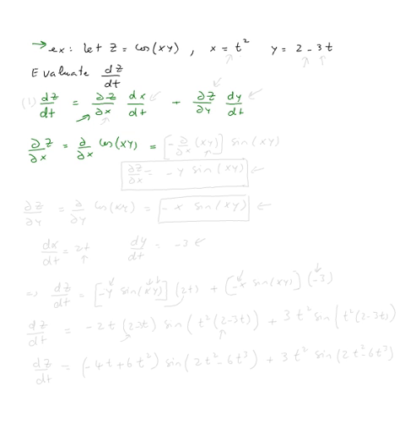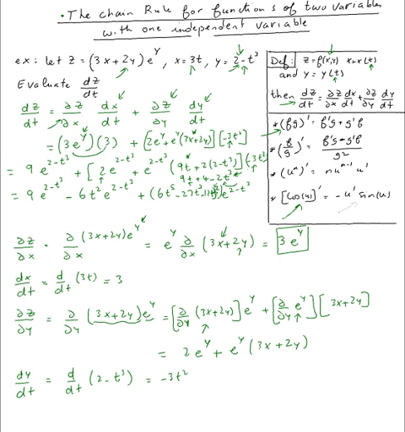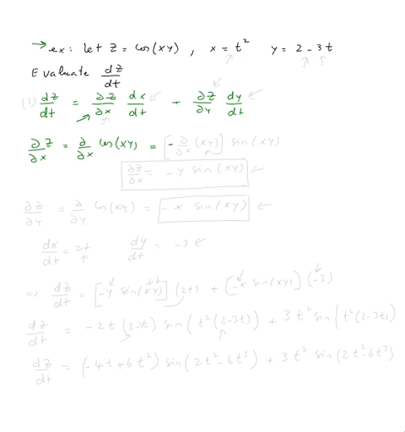We need to use this formula: minus u prime sine of u. So u prime is the partial with respect to x of the inside, and then sine of u, sine of xy. Y is the constant, so this is minus y sine of xy.